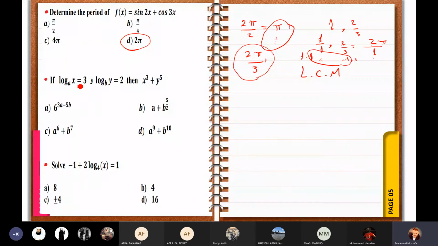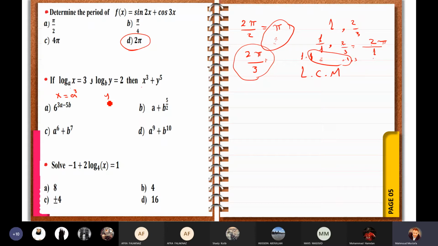If log x to the base a equals 3 and log y to the base b equals 2, then x cubed plus y to the power 5 equals what? We have to convert between logarithm and exponent. If log x to the base a equals 3, then x equals a to the power 3.